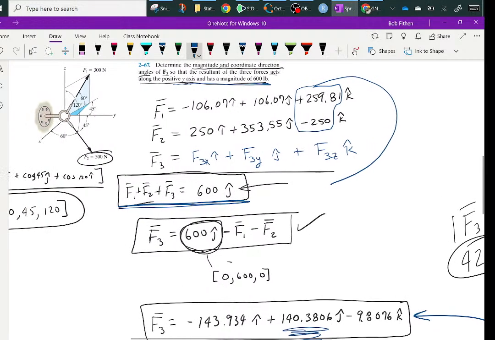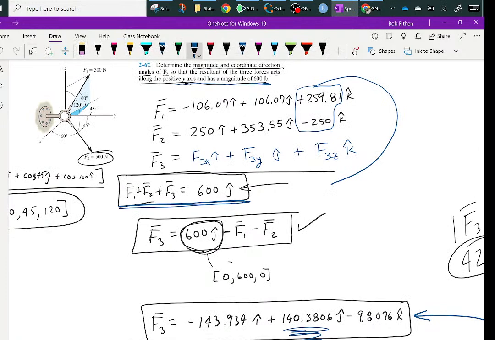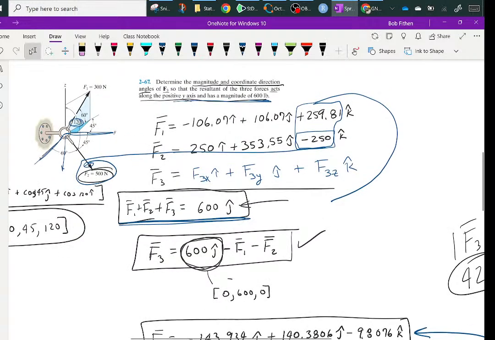Okay, so this vector F2 points below. This angle is greater than 120, so it points below the XY plane. So it has a negative Z component. That's what F2 has, a negative Z component. The F1 points above that plane.